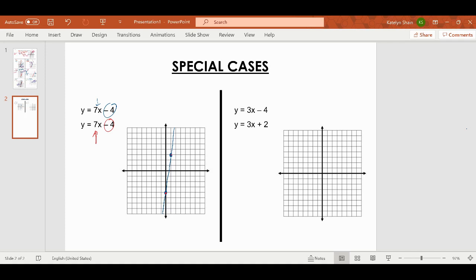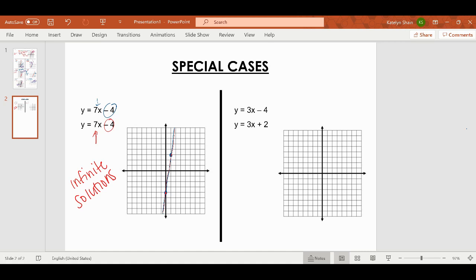So my points are in the exact same place, and the lines lie on top of each other. This means that they share every point. These are the exact same lines. So we have infinite solutions. They share an infinite number of points, because all of their points are shared.